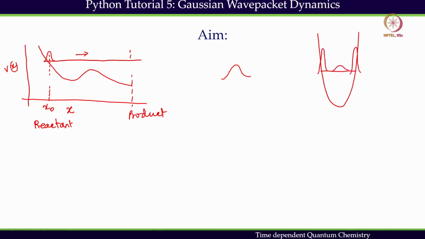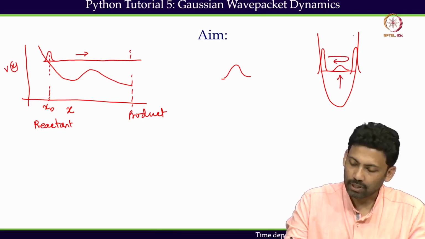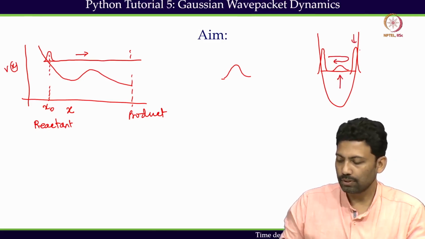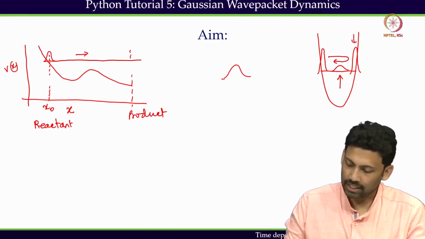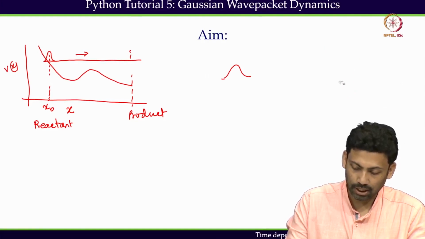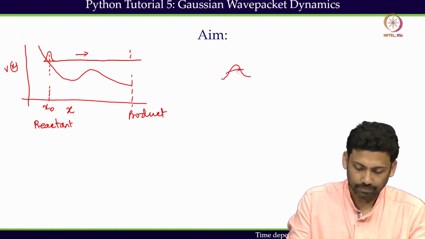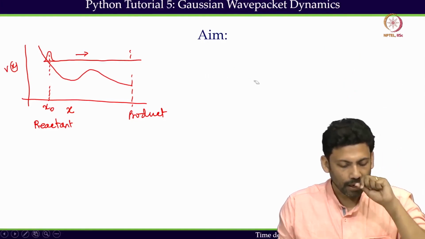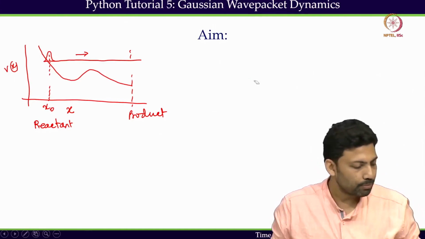It is a narrow wave packet we create, then it spreads out in the middle, and then again it becomes narrow. So the exact nature of the wave packet and its dynamics depends on what kind of potential it is experiencing. But mostly, when the wave packet propagates, it will be spreading out.